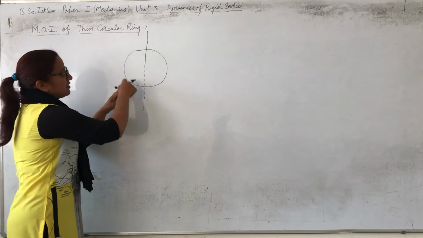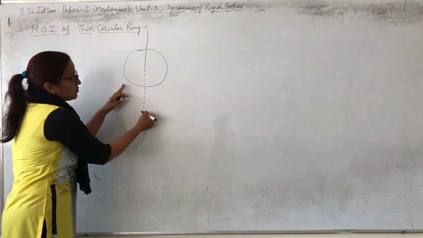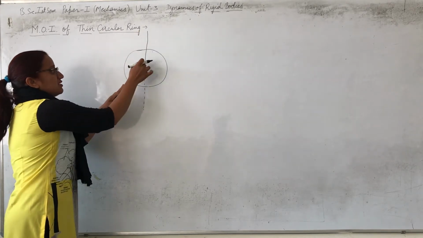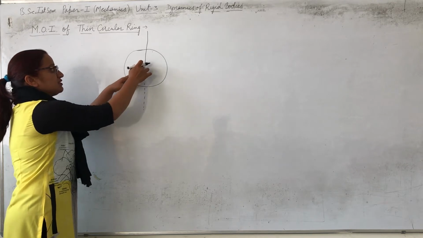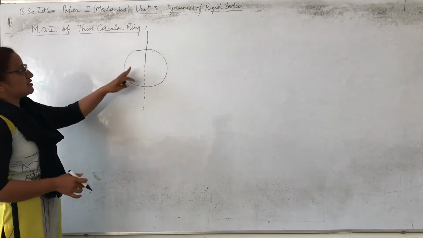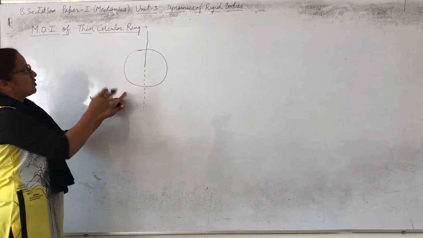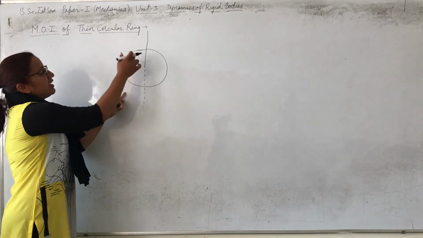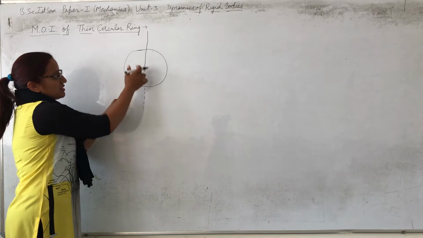So if this is the ring, then what this dash means is that this axis is passing through the plane of this circular ring. So the axis about which we are interested in calculating the moment of inertia of this circular ring is the axis which is passing through its center of mass.